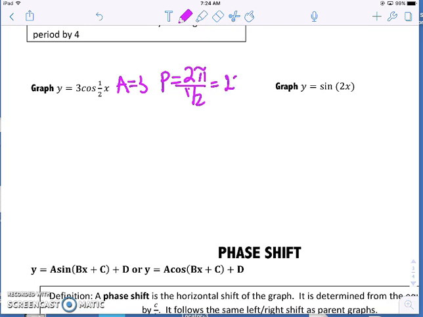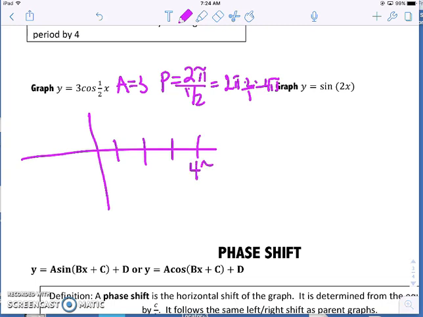Well, that's really 2 pi times 2 over 1, so that's 4 pi. So if we were to graph this, our period, our fourth mark out, is now 4 pi. And we can see this one's easy, so this has to be pi, 2 pi, 3 pi, and 4 pi.